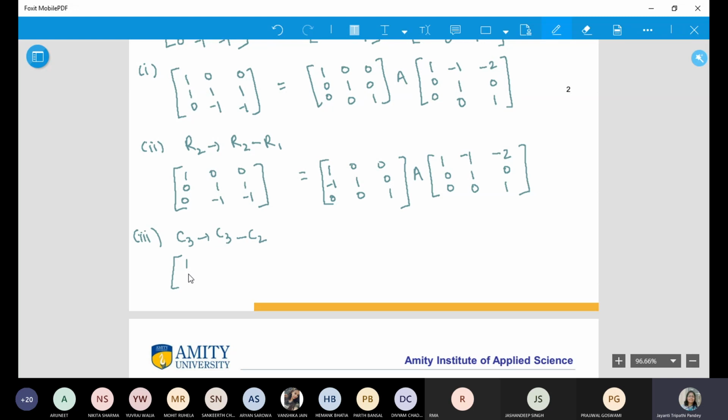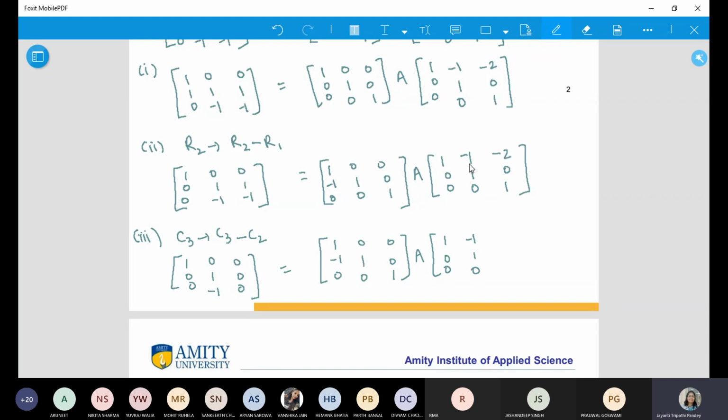The left hand side will be minus 2 plus 1 minus 1, 0 minus 1 minus 1 and 1.